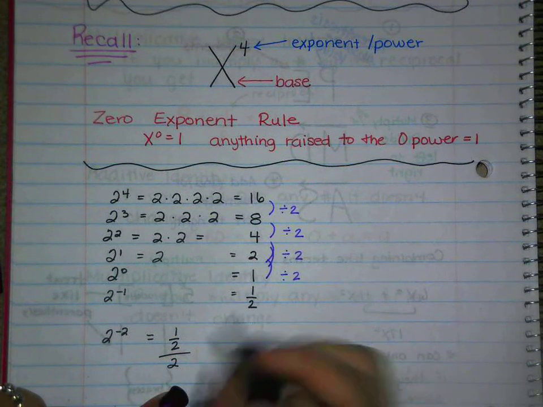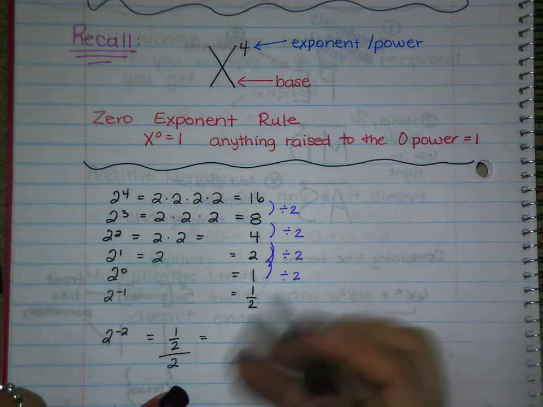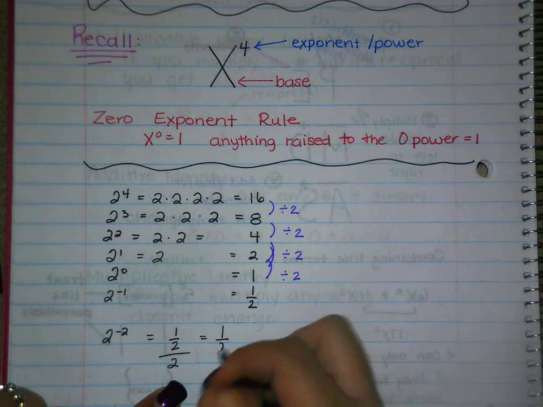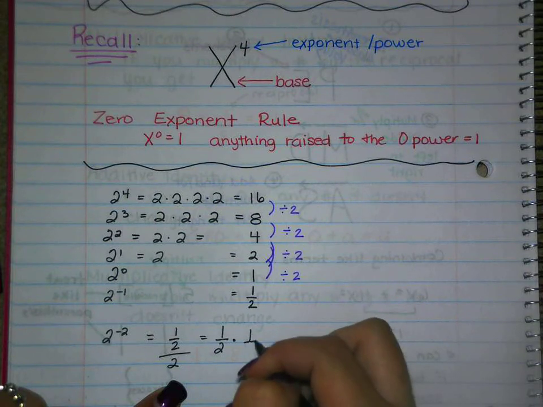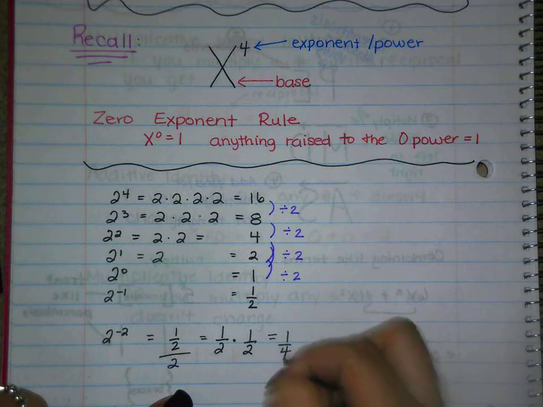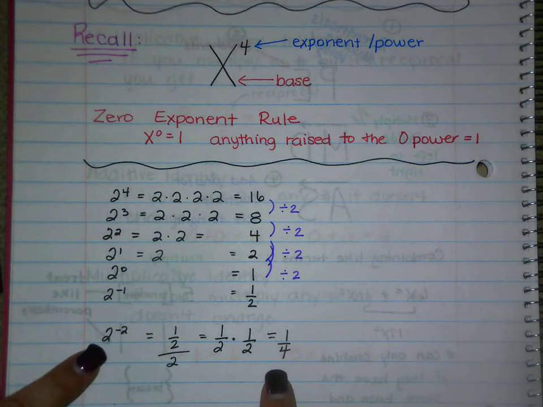So that's a crazy fraction, right? But if we do the copy dot flip, that's the same as saying 1 over 2 times 1 over 2. That divides it, right? So that becomes 1 over 4, which is interesting. Look at that. We have the 2 to the negative 2 power, but now it's in the bottom.